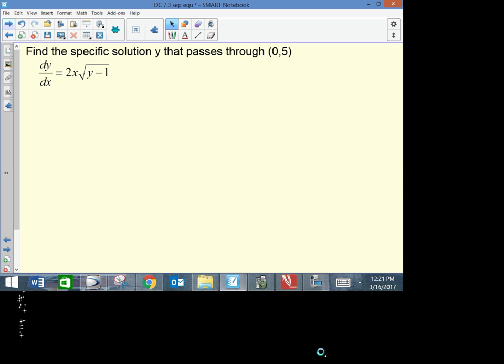Y to the 1 is 1. Right, so you have it separated. That looks good. Start integrating. Yes, that's correct.